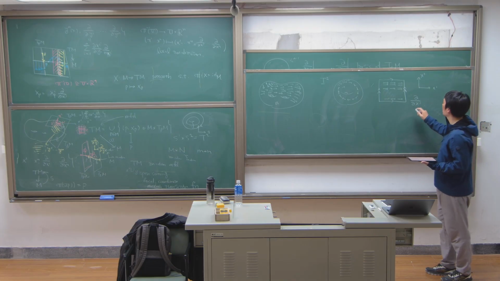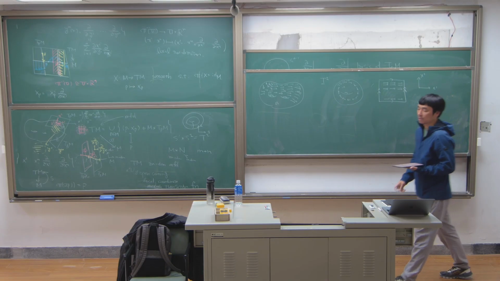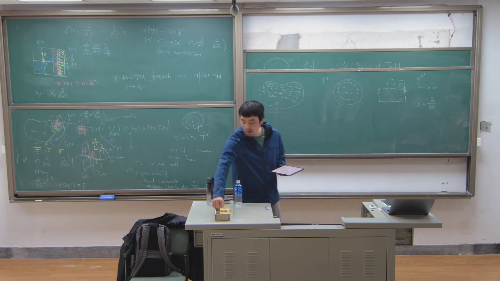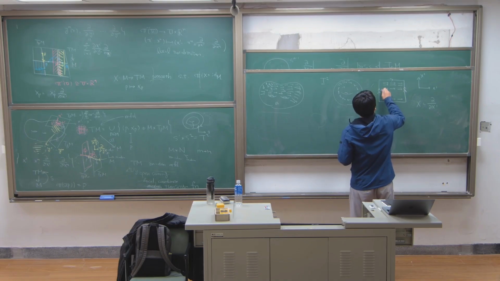That is a vector X. And another vector field one can write down is something like this one.